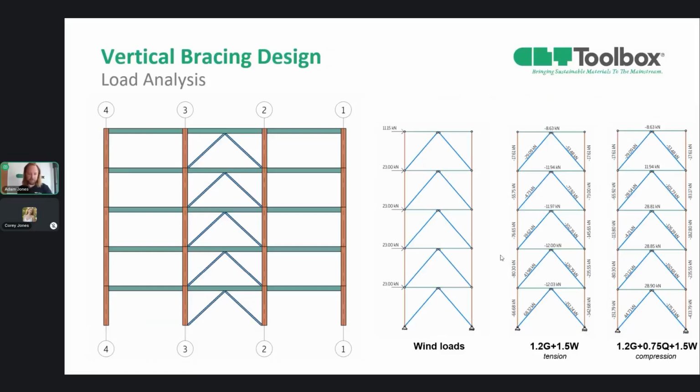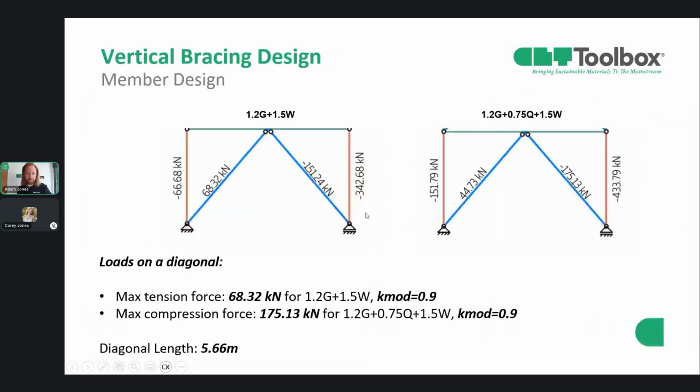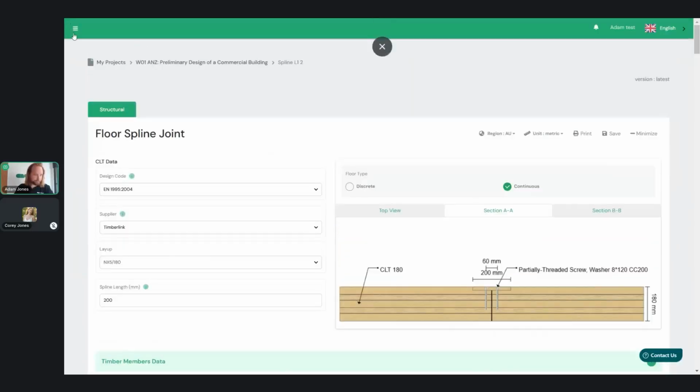And you'll have the tension, worst case tension, worst case compression checked separately. So for us, if we're designing the critical K-brace members, for our worked example, we worked out with something like this. So you've got critical for compression, 175 kilonewtons, critical for tension, 68 kilonewtons, with a 5.6 meter lateral bracing.